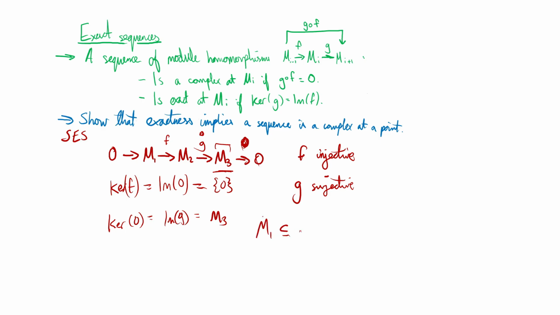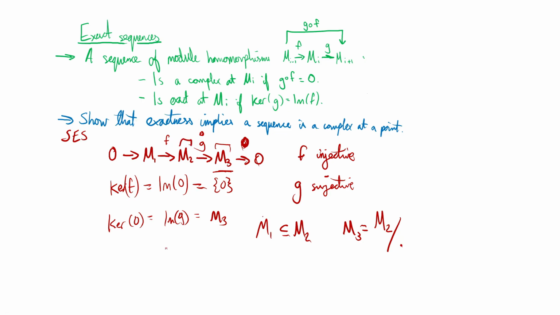So M1 is a submodule of M2, and M3 is a quotient module of M2.